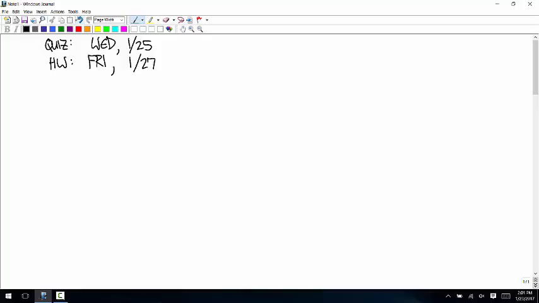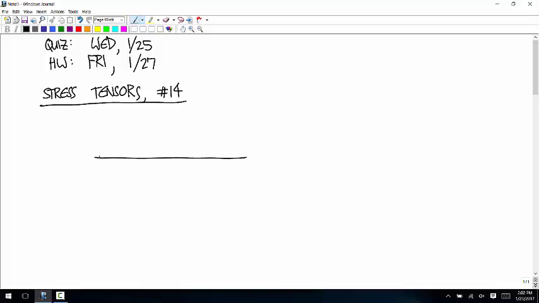So this is stress tensors. Number 14. You have a plate like this.